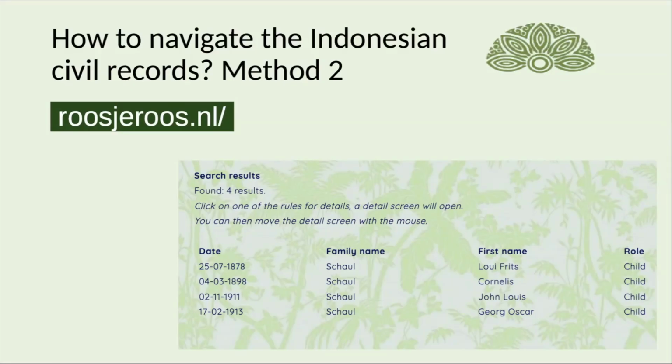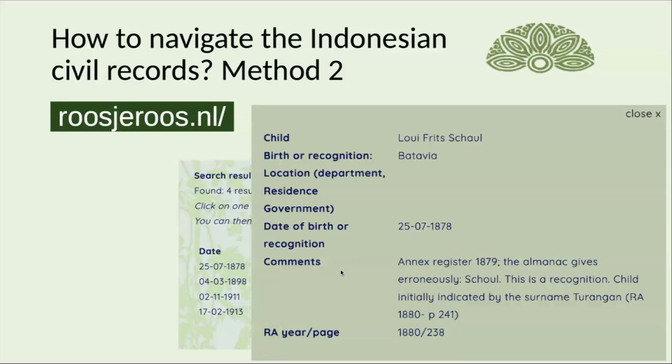And then there are also all the other later records that are less complete, also present in this database. I give an example here, looking for a person called Louis Fritz Schaul, date of birth 1878. There's a search field, I explained this before in one of the other webinars, and if you click, you'll get the details.